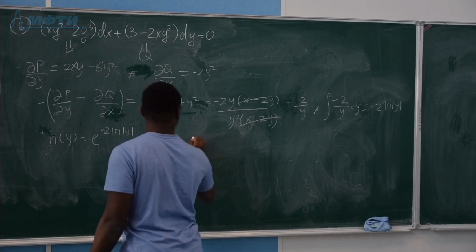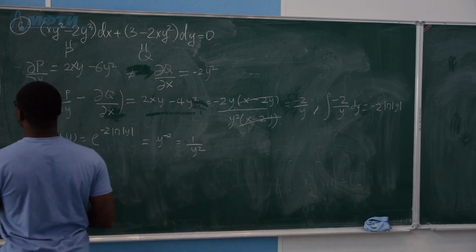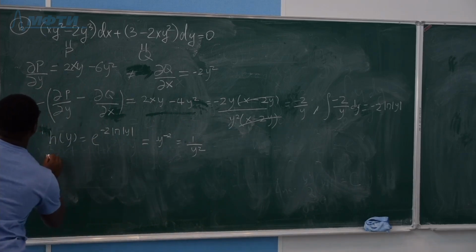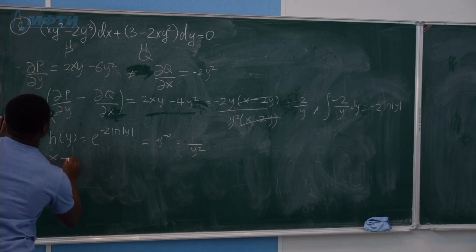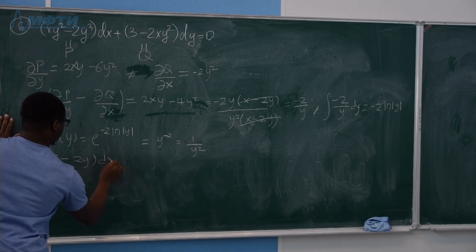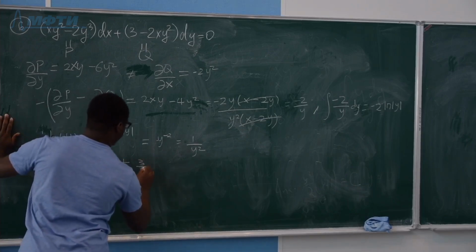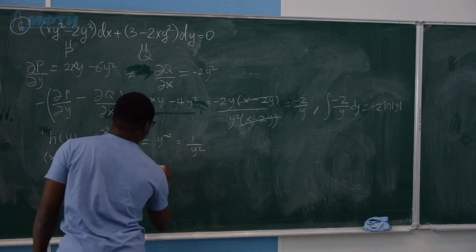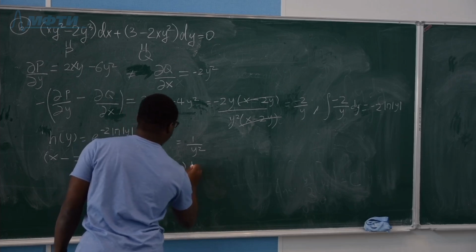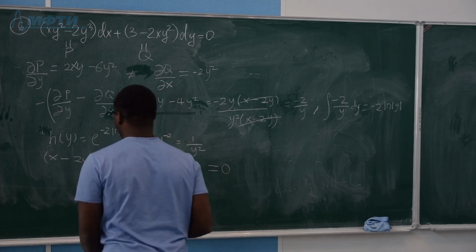Right. It's correct. Y to the minus 2, y squared in the denominator. So let's multiply our equation by this factor. Correct.